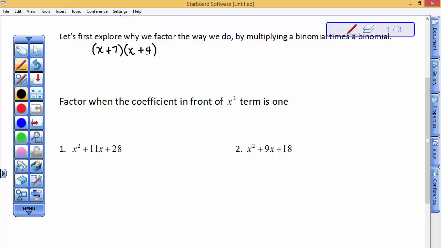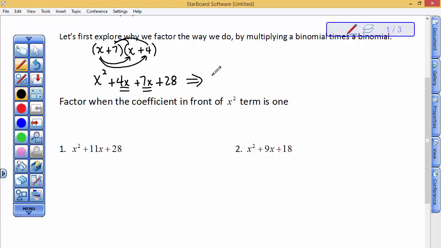let's FOIL it. So I get x times x is x squared, and x times 4 is 4x, and 7 times x is 7x, and 7 times 4 is 28. And when I clean that up and combine these middle terms that are like terms, they add to be 11x.